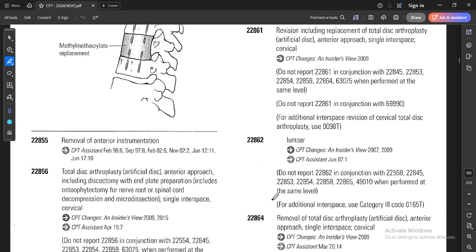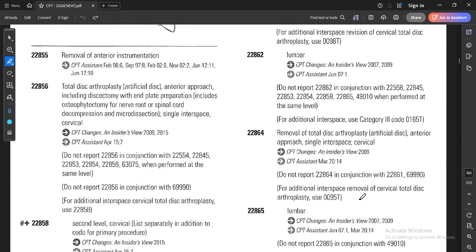Then how do you code? 22862 and 22864. Sorry, 22862 and 0165T. Yeah, correct. For additional interspace, use the category 3 code. So basically, these are the temporary codes. Okay. So like that, you need to use 22862 and 0165T if the patient has a revision of arthroplasty on two interspaces.